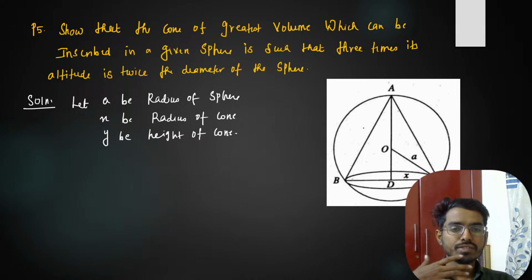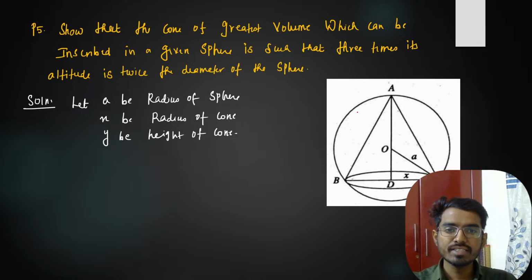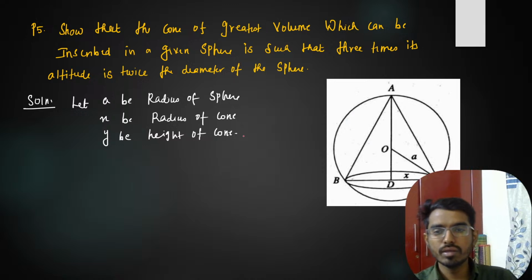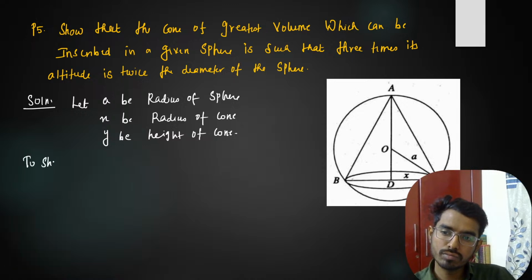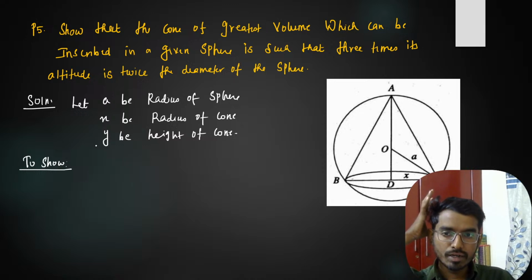We need to show that the cone of greatest volume which can be inscribed in the given sphere is such that three times its altitude is twice the diameter of the sphere. Height of the cone is y, right?